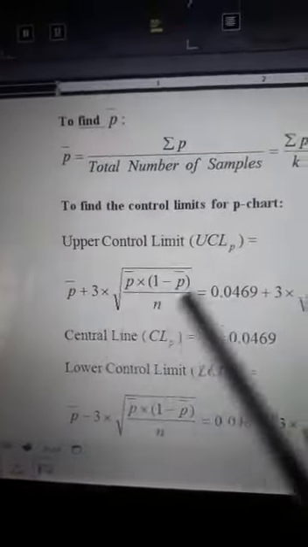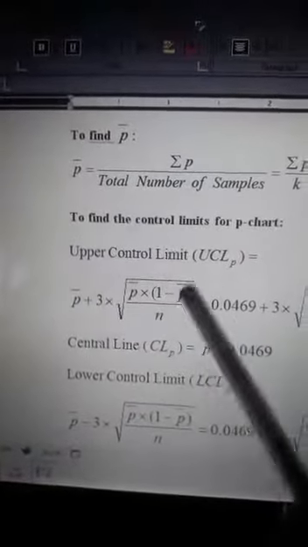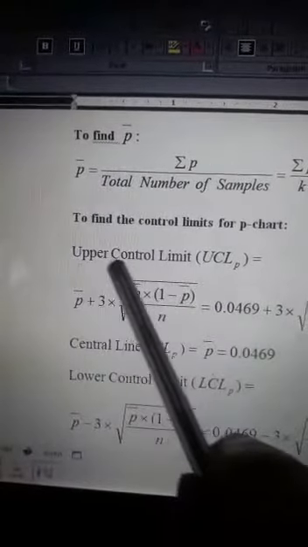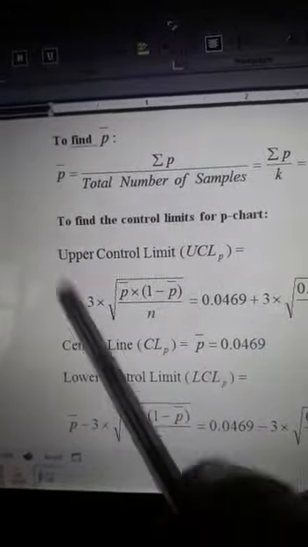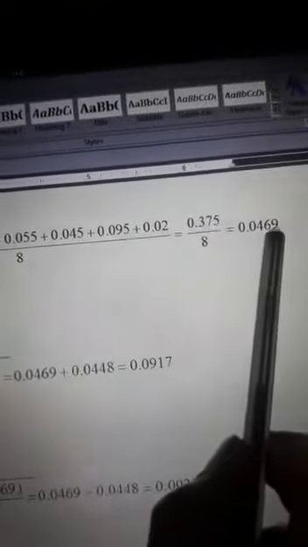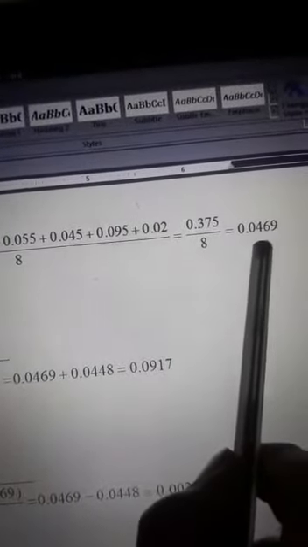So, what we can see from this mathematical expression, in order to find out the upper control limit for the p chart, that is UCL for the p chart, we require the value of p bar, which we have already found out here, which is 0.0469.